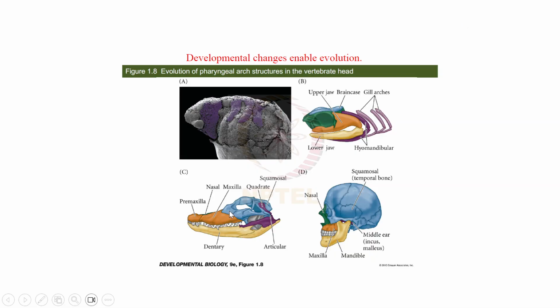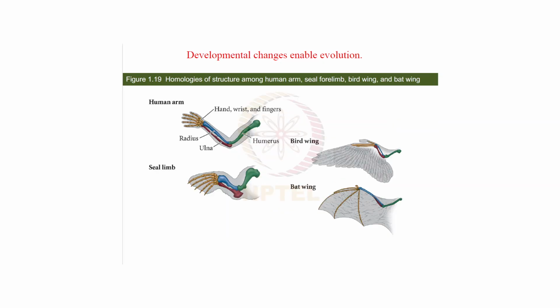If you can see here, the colors show that the bones are similar, but depending upon its usage in the organism, the structure has become different. In the B part, in the vertebrates, they are showing the upper jaw, or maxilla, and how it is different in human and how it is different in a crocodile. Again the usage of the organism made these things different.